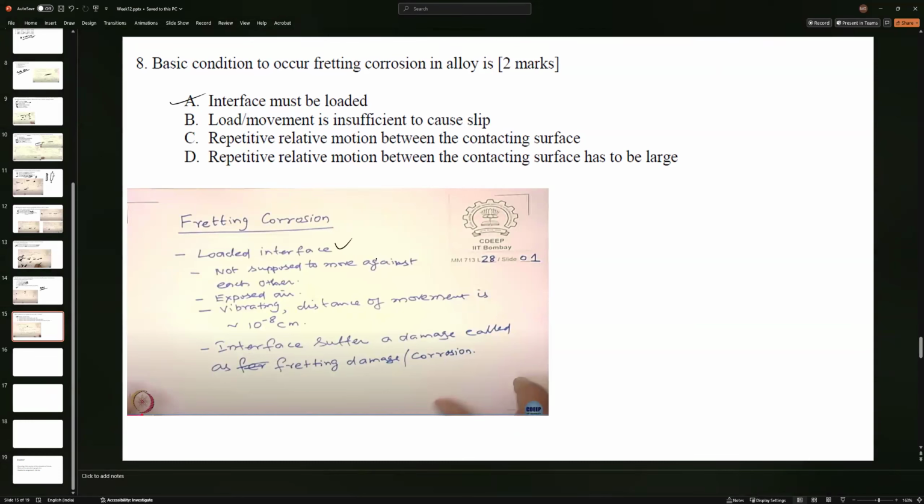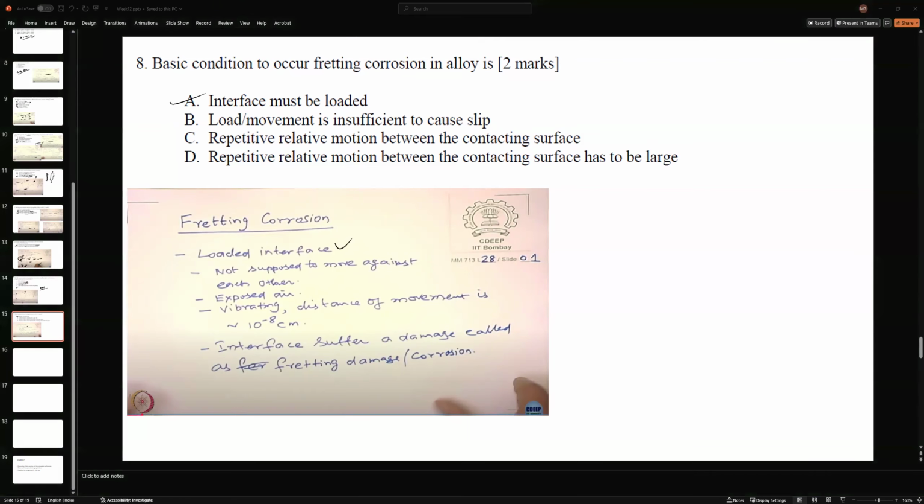Loading is insufficient to cause slip. There's a slight amount of slipping which is happening.